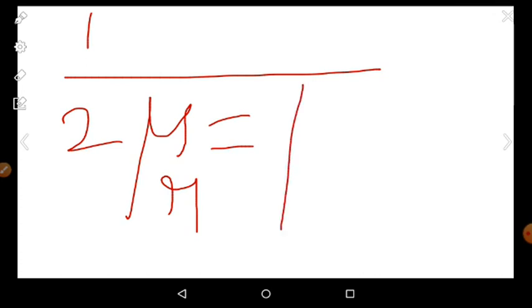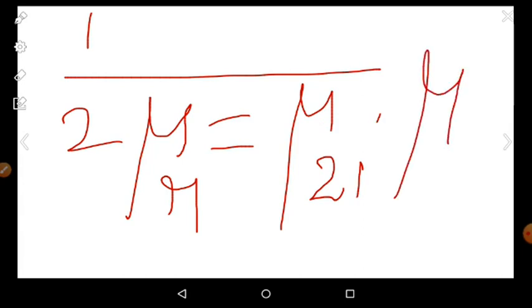For example, if I write mu 2 1, this is the refractive index of the second medium with respect to the first medium. Or we can write mu 1 2, the refractive index of the first medium with respect to the second medium.